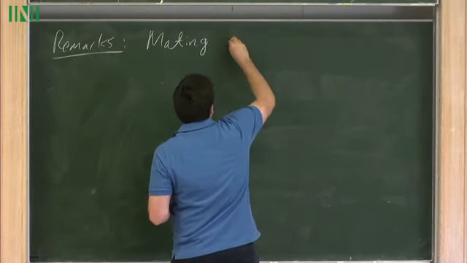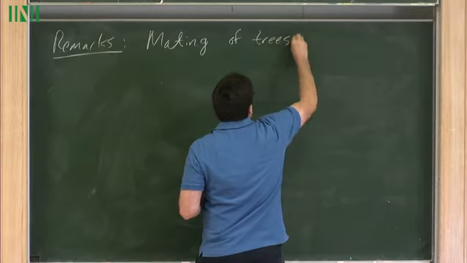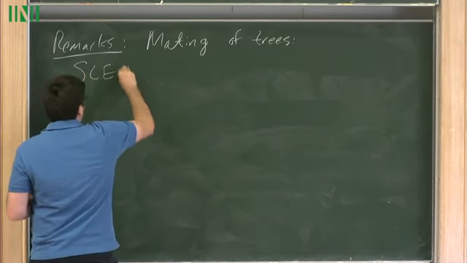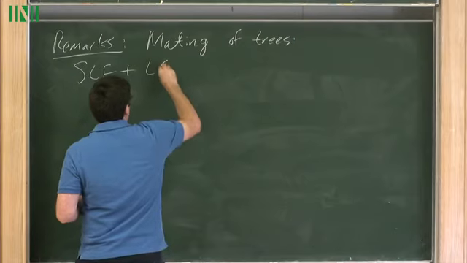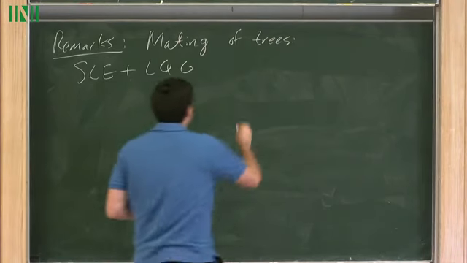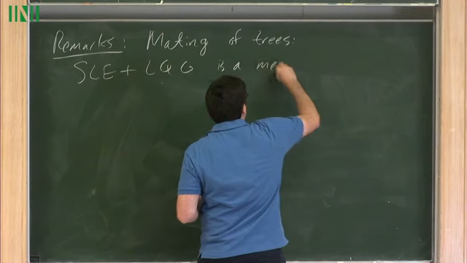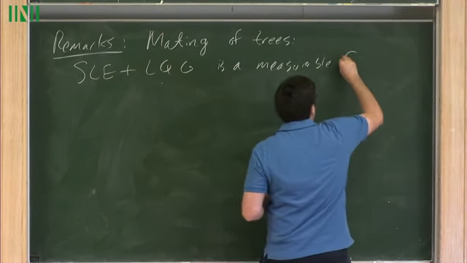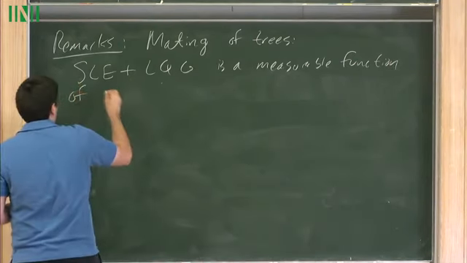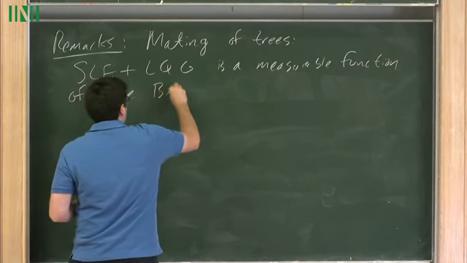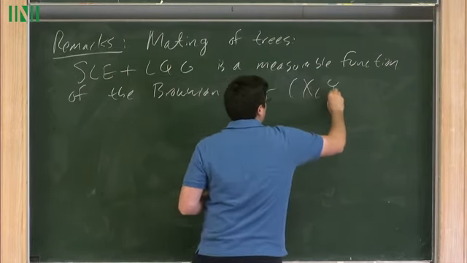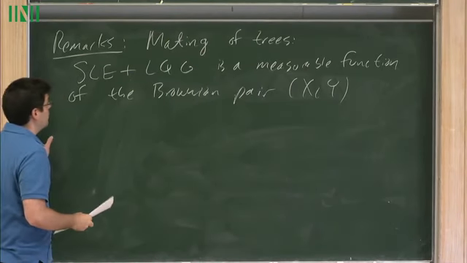In particular, in the mating of trees, there's an abstract theorem that says that if you take your SLE on top of a Liouville quantum gravity surface, then this is a measurable function of the Brownian motion pair X and Y, which describes the evolution of the boundary length of your SLE.